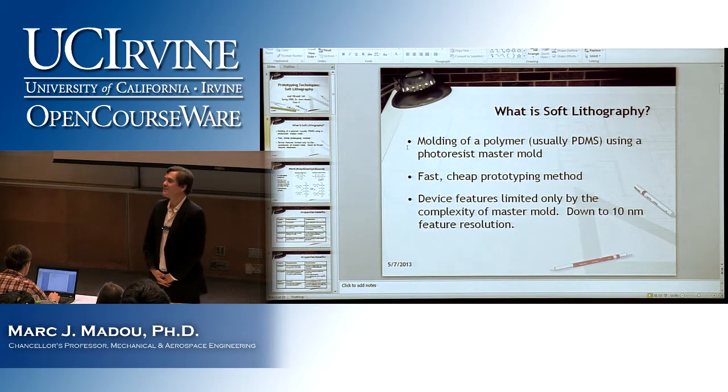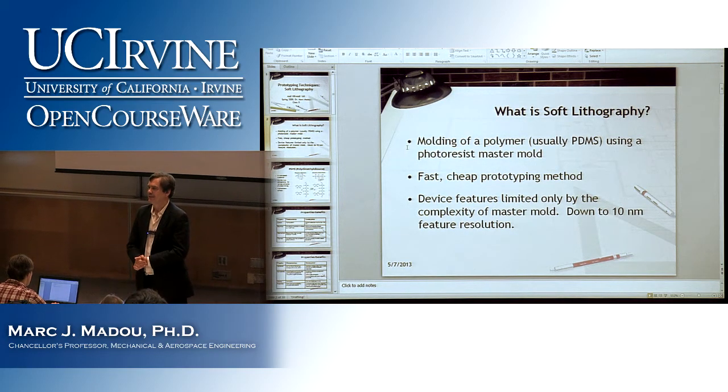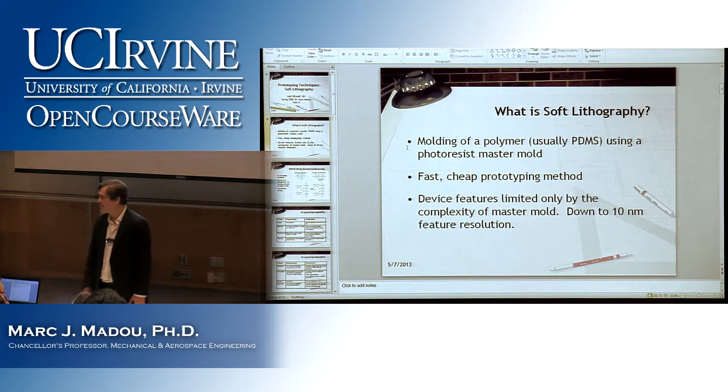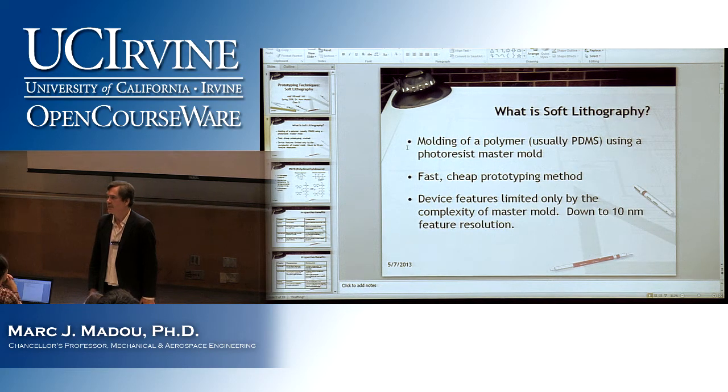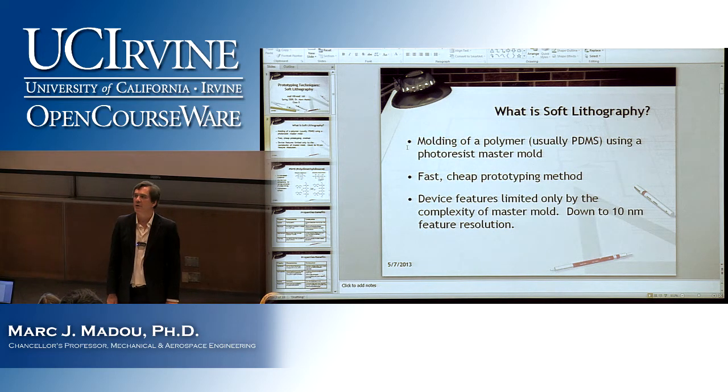And by the way, it has become an important manufacturing technique, but they needed to fiddle with it. What would you have to do to make soft lithography into a real manufacturing technique? I did not teach that class, so I think Swati taught that class. Is it the materials you can use? No, it's something more.